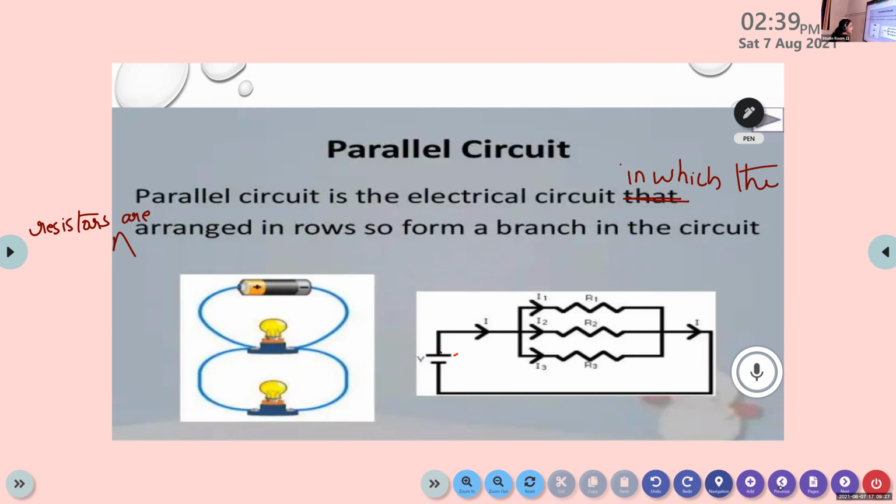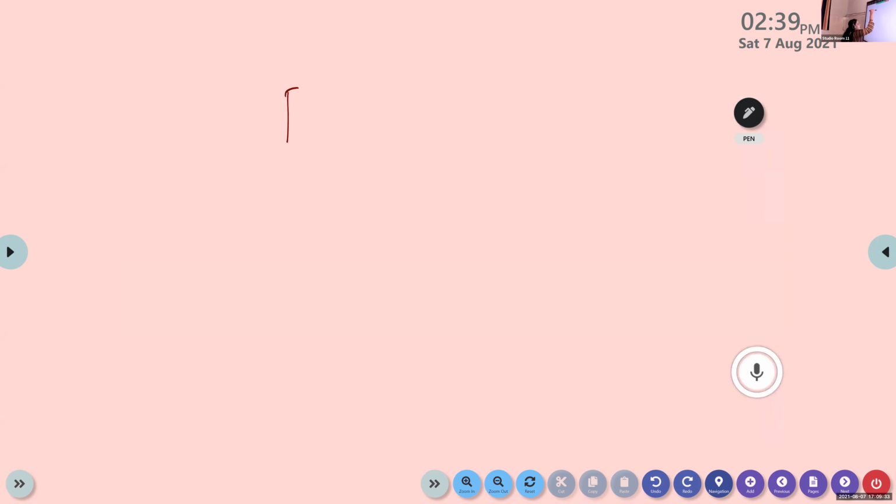Or you can write one more definition for the parallel combination of resistors.